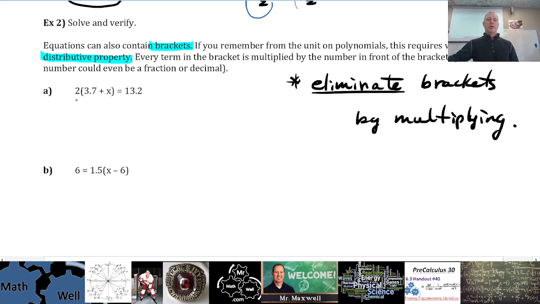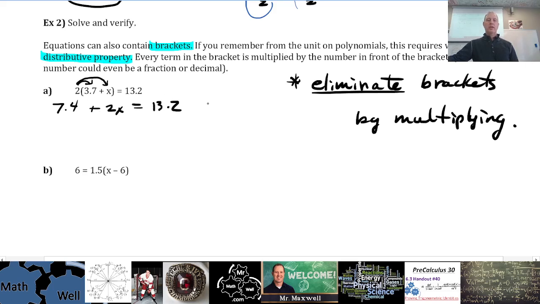So 2 times 3.7 is what? 7.4 plus. You write that down, and then 2 is also multiplied by the second term here, which is a plus x. So that's plus 2x. So you expand that, distribute that too.